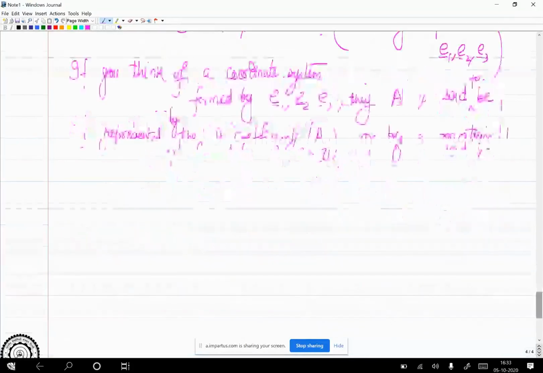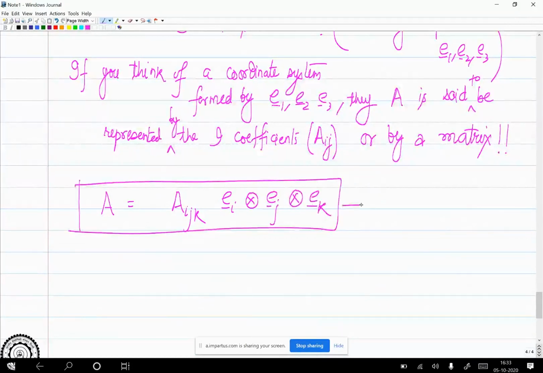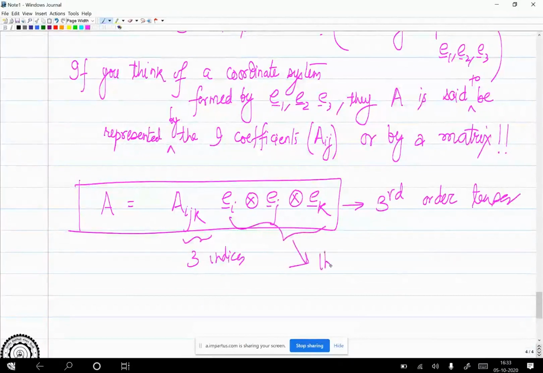All right. If it were a third order tensor A, it would be something like this: Aijk Ei tensor product Ej tensor product Ek. So this is a third order tensor because it has 3 indices, and here also the basis has 3 vectors.